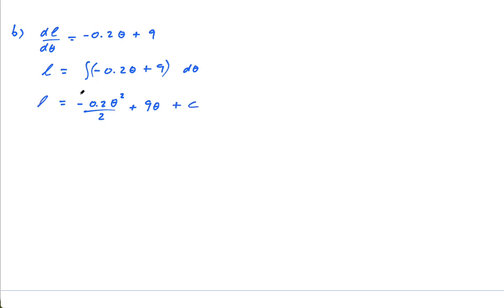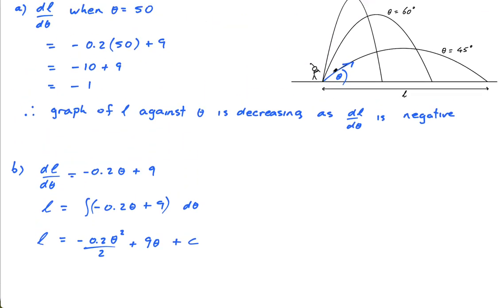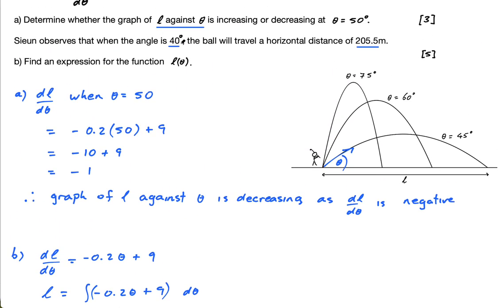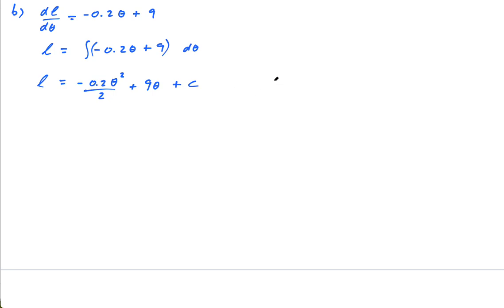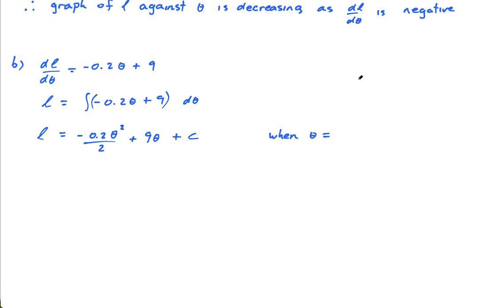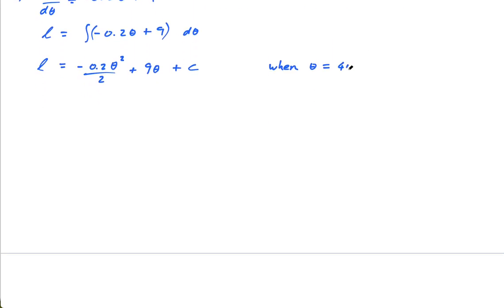So L is equal to this. Now the initial condition they give us in the question is when the angle is 40 degrees, the horizontal distance is 205.5. So when theta is 40 degrees, L is equal to 205.5. I just need to sub this in here.